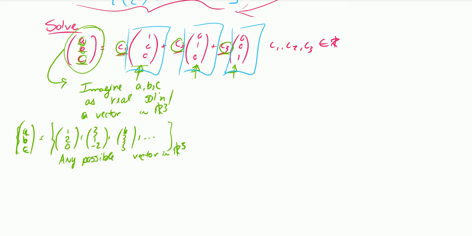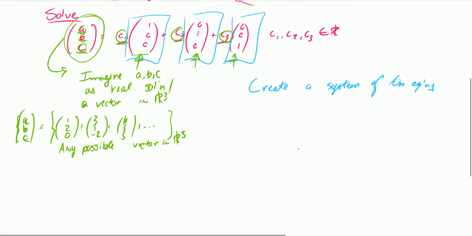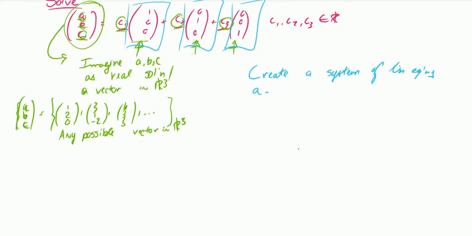So in this case, I can actually create a system of linear equations where A is equal to C1 times 1 plus 0 plus 0, and then B is equal to 0 plus C2 times 1 plus 0, and C is equal to 0 plus 0 plus C3 times 1.